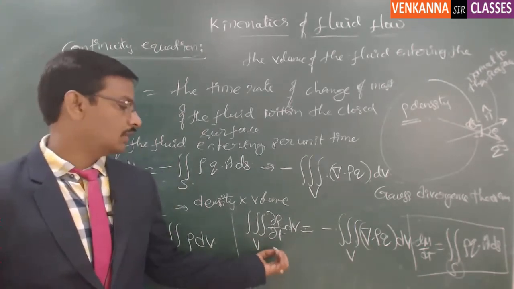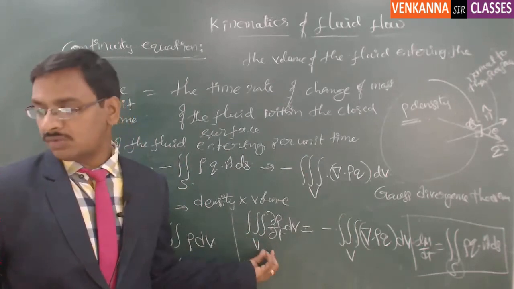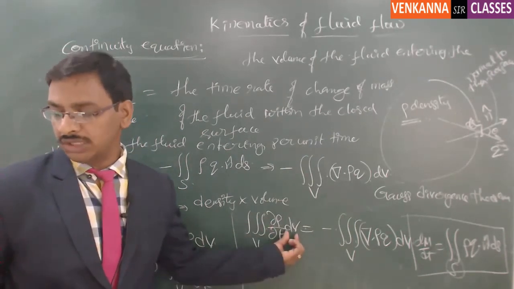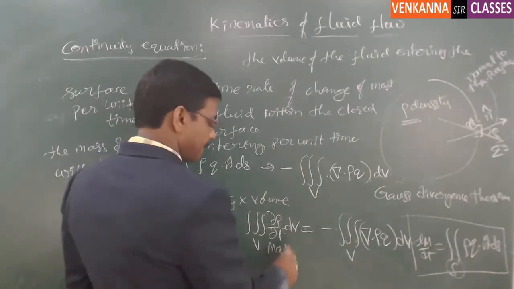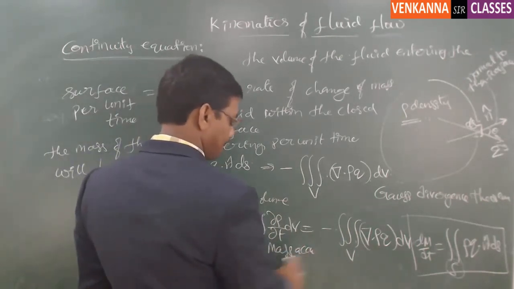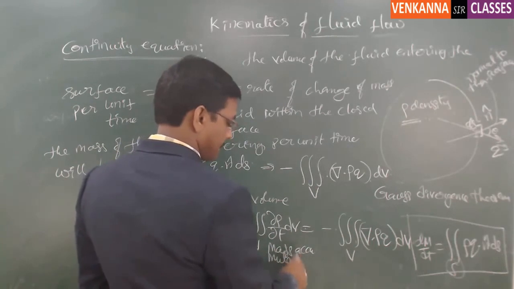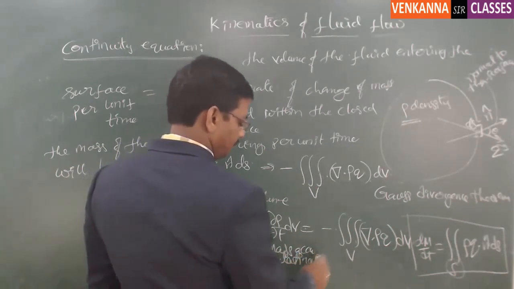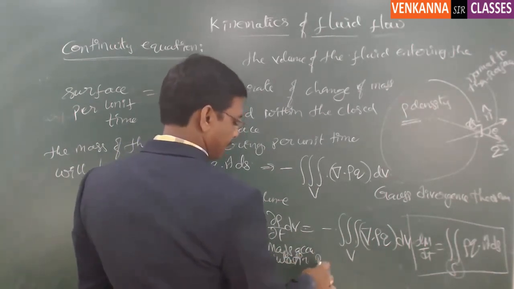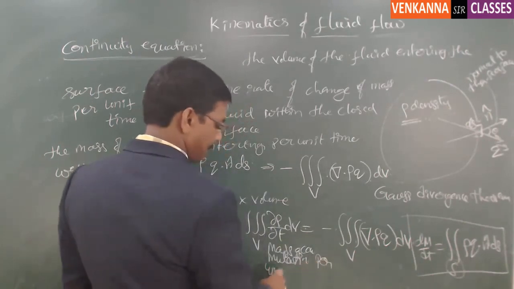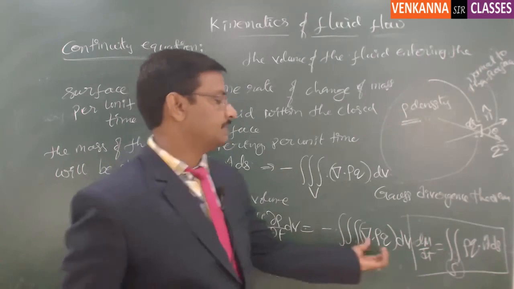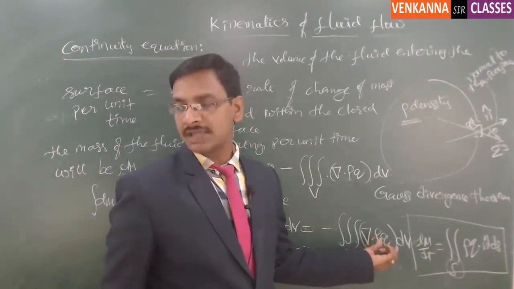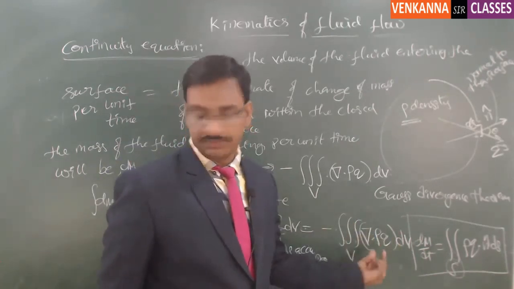Okay, anyway, so look at this. Triple integral over the volume V of dou rho by dou t dV is nothing but the mass accumulation per unit time. And here, this is nothing but the mass that is entering the surface per unit time.